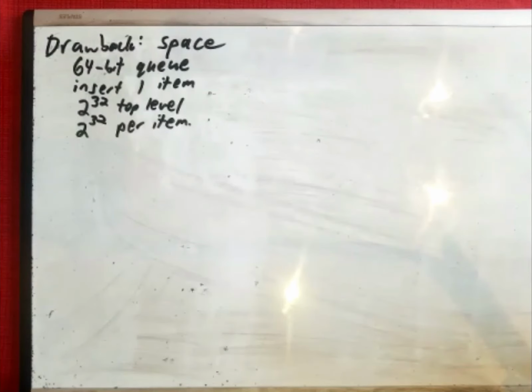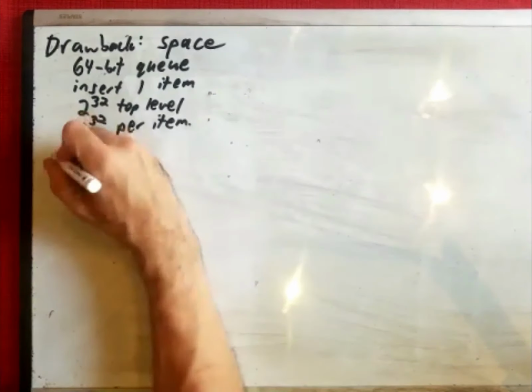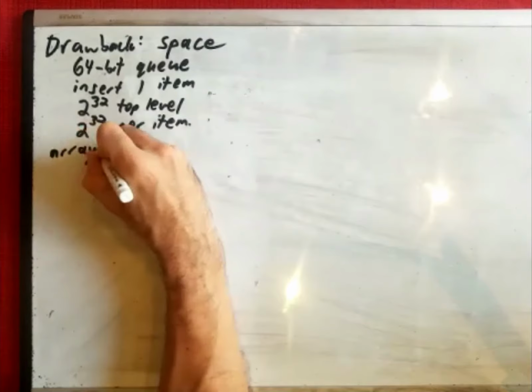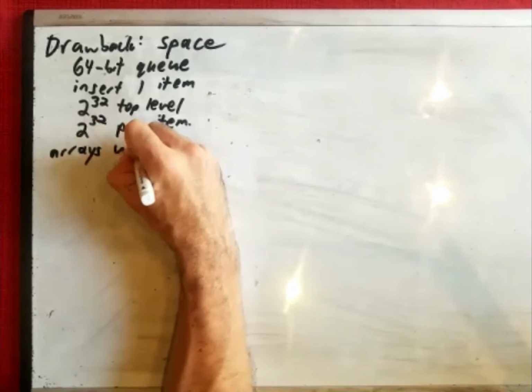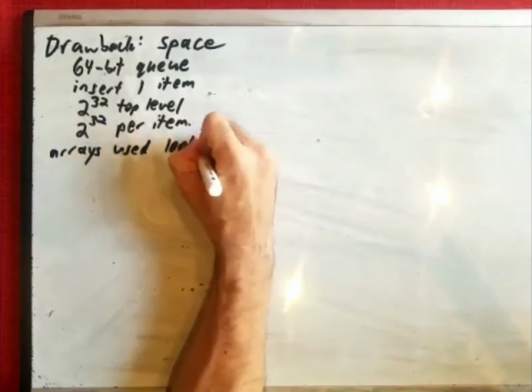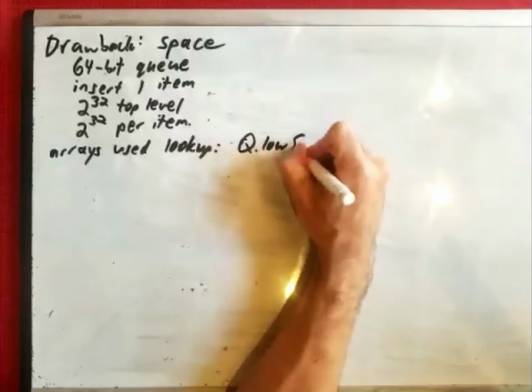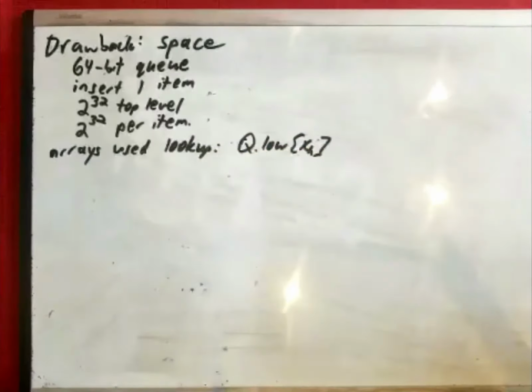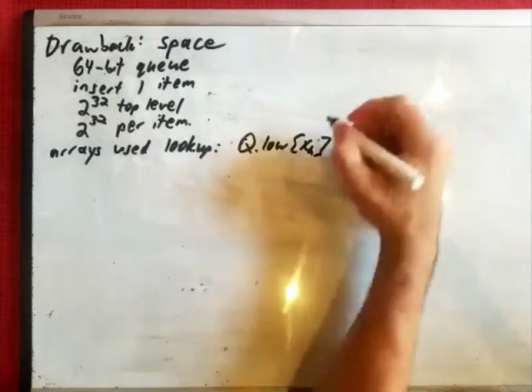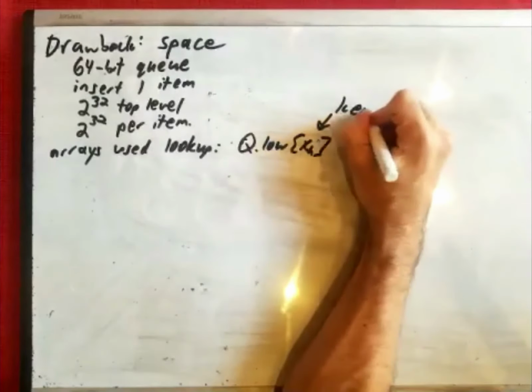So let's think about that a little bit. What are we using those arrays for? We're using the arrays to do lookups. We ask for q.low of xh. So for any particular value xh that arises, I need to be able to find the value associated with xh. So I could call xh a key.